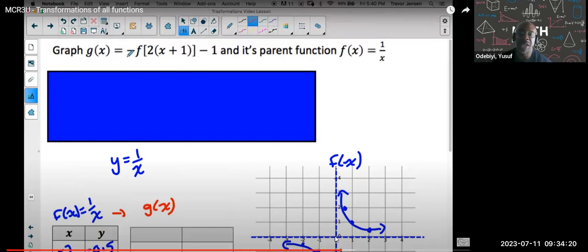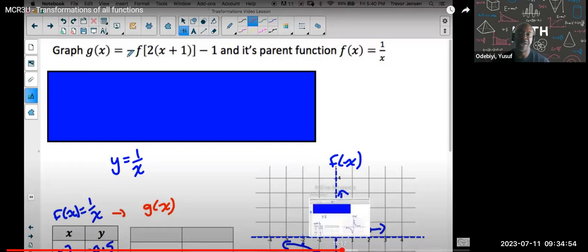So the asymptote is here originally for the parent function, and basically -1, that means this asymptote is gonna move down by 1. And then here the asymptote is x equal to -1 as well. So instead of x equal to 0, it's gonna move this way. Okay, so your new origin is gonna be down here.